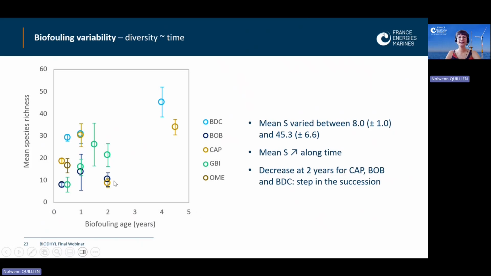You see there that the mean species richness increased over time, with a notable decrease at 2 years for these 3 sites, Cap and Bob in the Mediterranean, as well as Basse des Chats in the Atlantic, which is actually linked to a step in the succession. We'll see that a little bit later. The mean species richness varied between 8 at the beginning of the biocolonization and 45 later in the process.